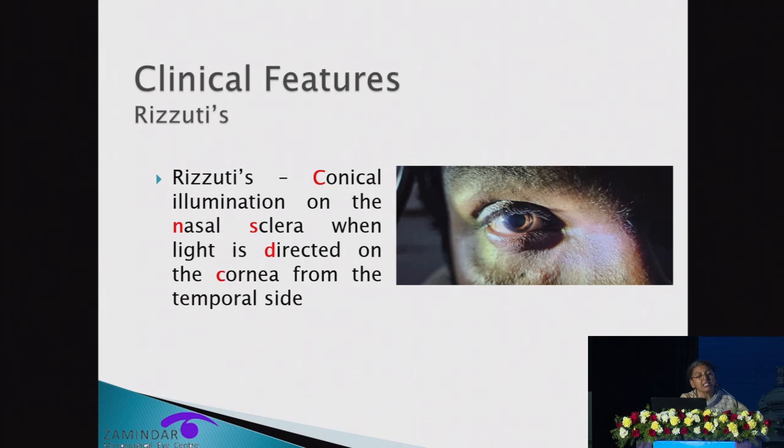The second one is the Rizzuti's phenomenon. Whenever the torchlight is thrown temporally on the limbus, you see an arc-like illumination on the nasal limbus. This is the normal feature seen in a regular individual.